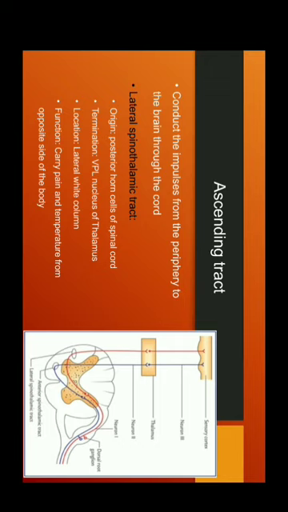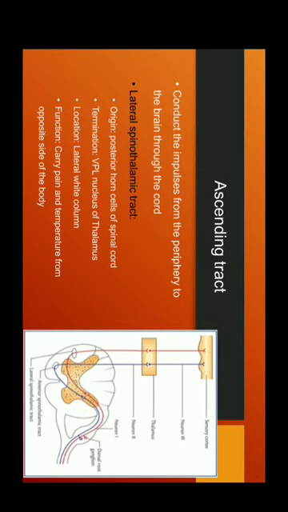Likewise, the lateral spinothalamic tract, as said, carries pain and temperature. Likewise, there is the anterior spinothalamic tract, this blue colored one, you can see. It has the first order neuron in the dorsal root ganglion, again relays in the substantia gelatinosa, and crosses to the opposite side to come along the anterior column.